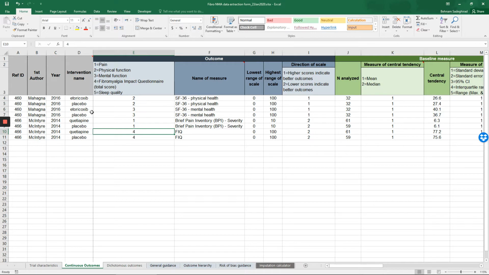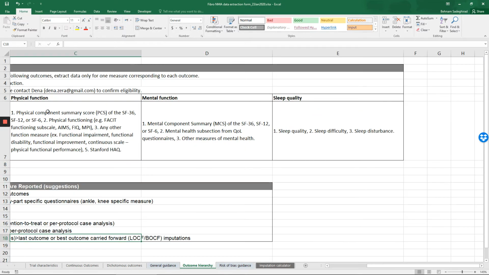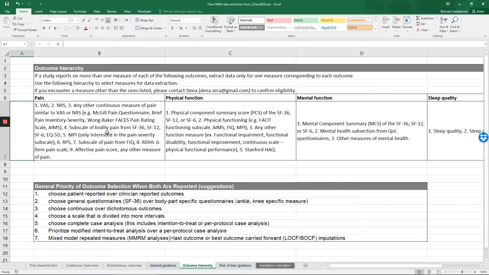For each of these outcomes, there's a worksheet provided named outcome hierarchy. Pain, physical function, mental function, and sleep quality may be reported in different studies using different tools or instruments. We have provided an exhaustive list of these measurement tools for each one of these outcomes, and then ranked them based on what we are interested in.